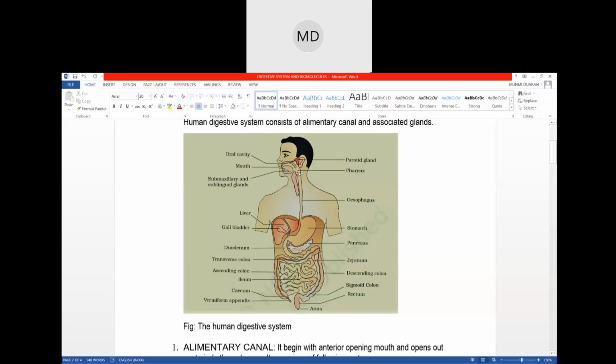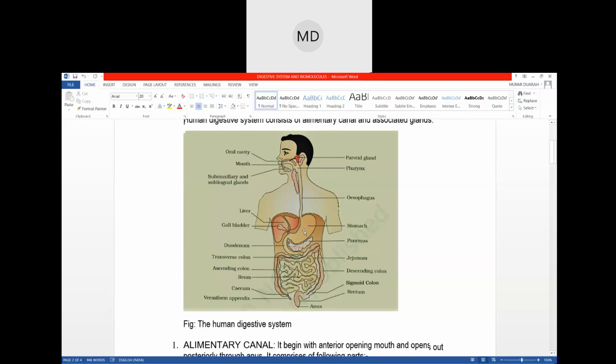Food from the mouth reaches the stomach through the esophagus when you swallow. Okay, then there is the stomach.